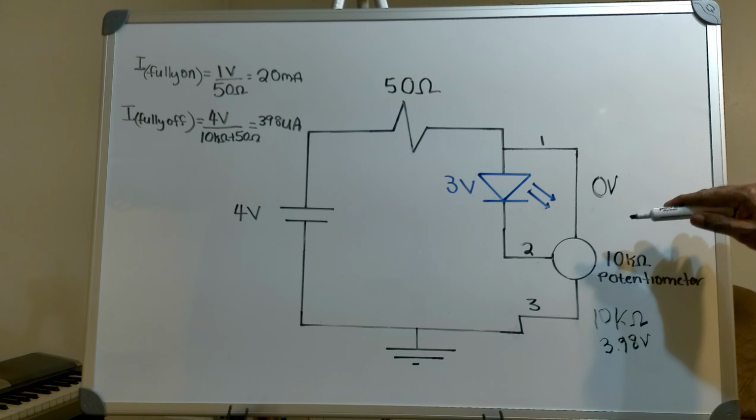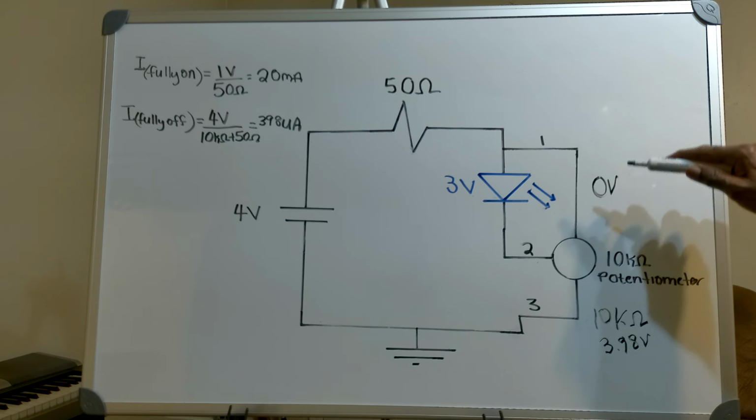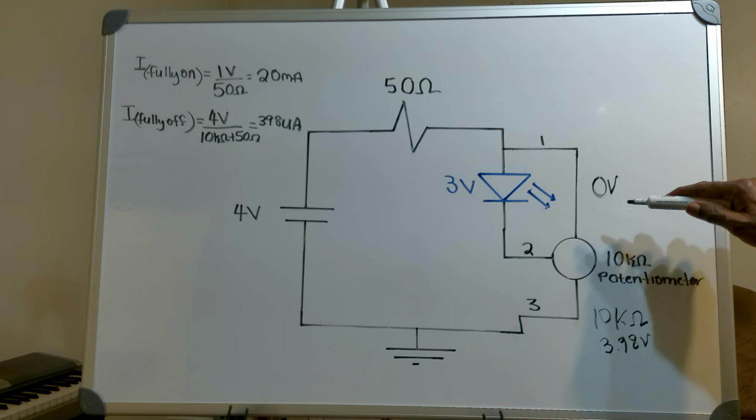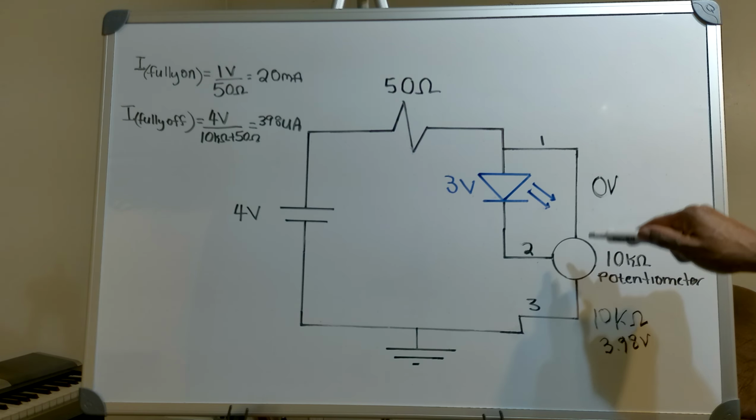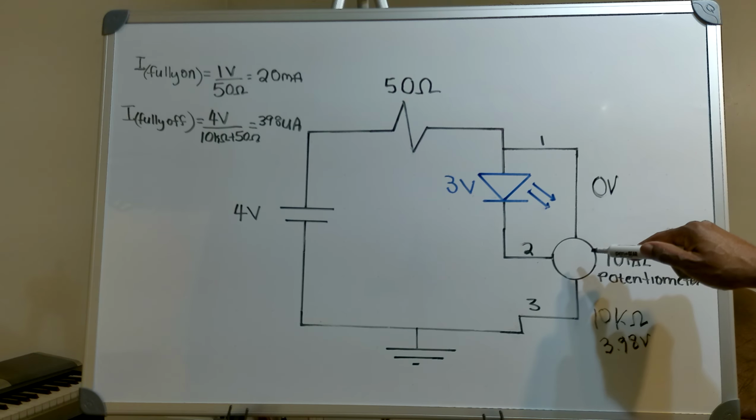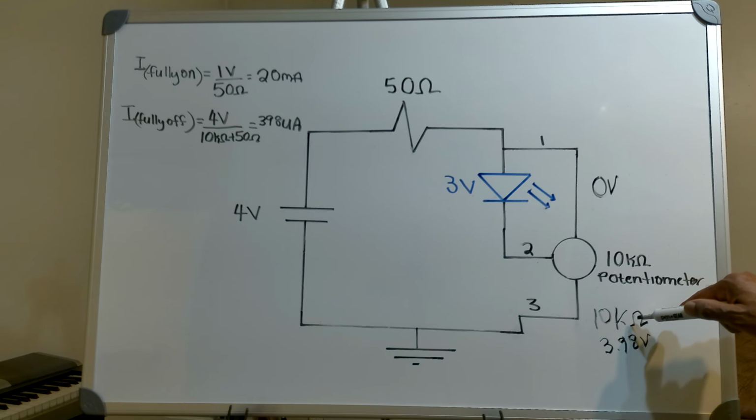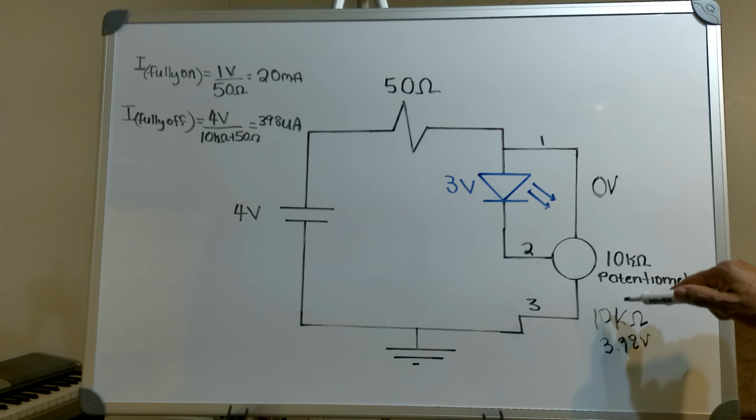Now I'm going to turn my LED on. And the way I turn my LED on is to adjust my potentiometer and take my 10K ohms of resistance from here and put it here.